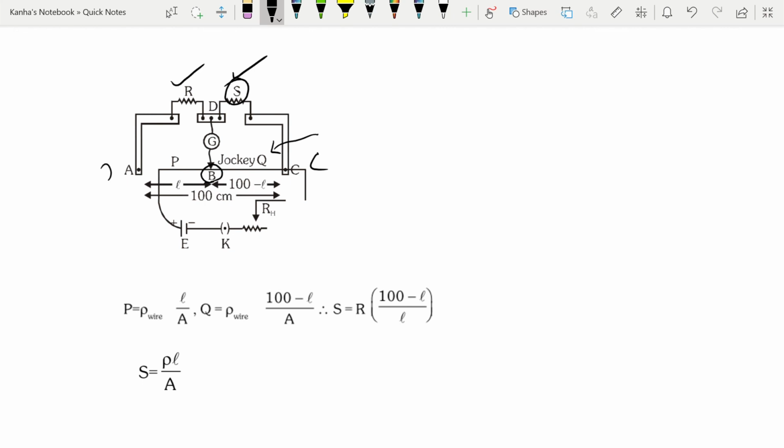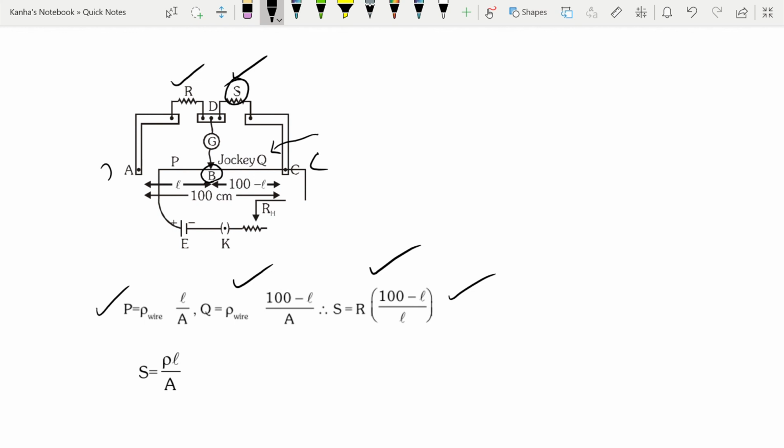What that means is, if I use the previous formula, P by Q is equal to R by S. Here my P is the resistivity of the wire into L by A. Q is equal to resistivity of the wire into (100 minus L) by A. Alright, so when I divide this, I get S is equal to R times (100 minus L) divided by L. Alright, this is a fairly simple thing to do, and the questions on this are also error based.